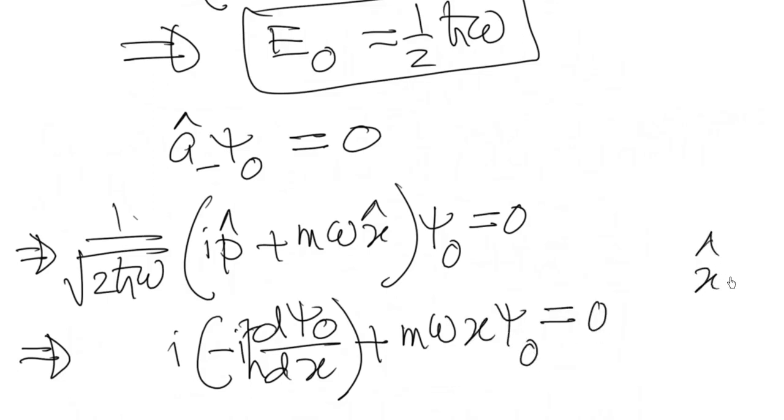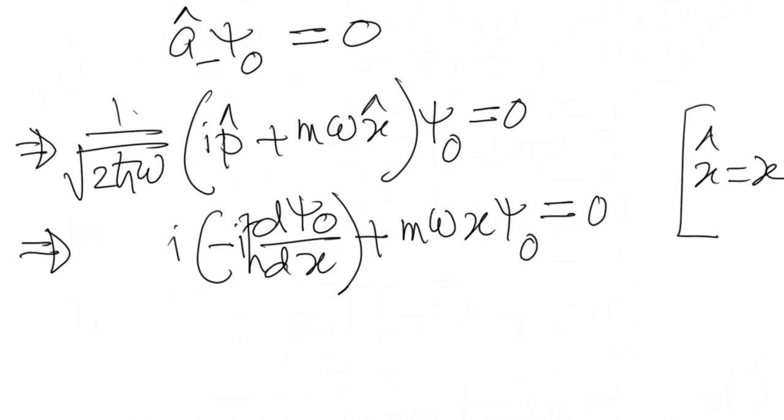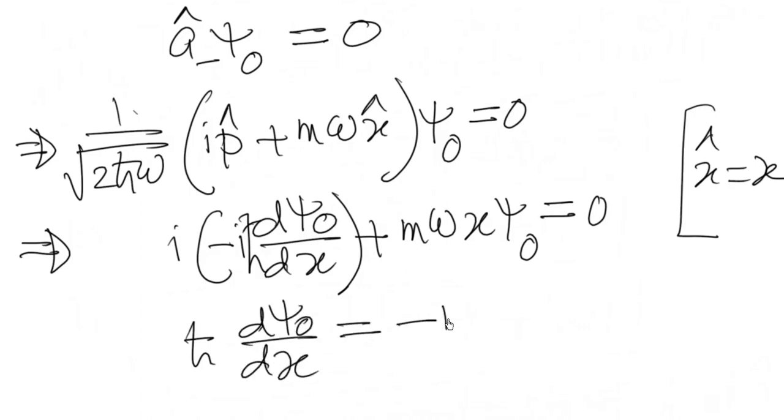Here x hat equals x from the second postulate of quantum theory. So this is h cut d psi naught by dx, and this is equal to minus m omega x psi naught.